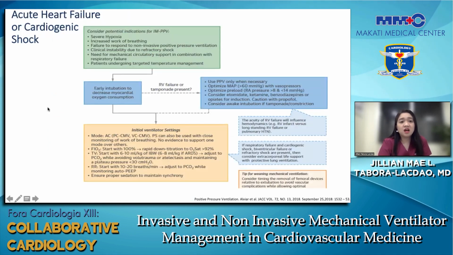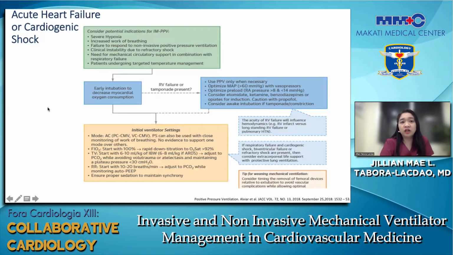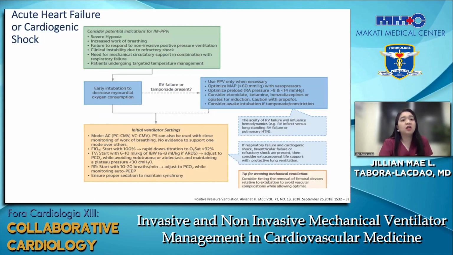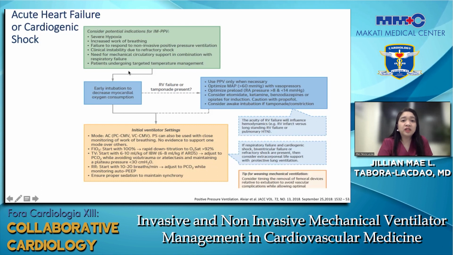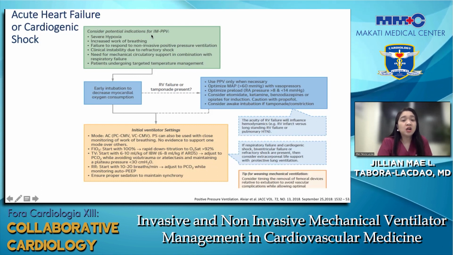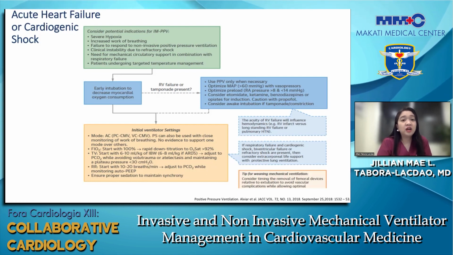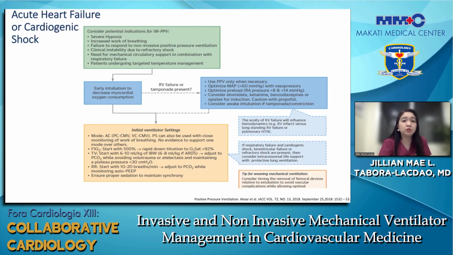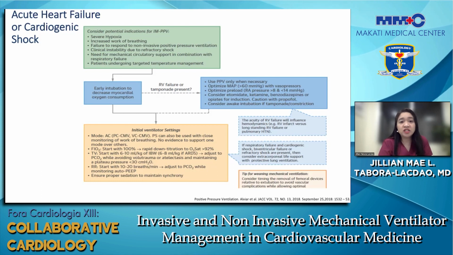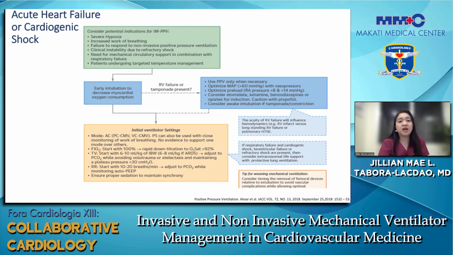This is a suggested algorithm for acute heart failure or cardiogenic shock. So you can consider potential indications for invasive mechanical ventilator if the patient has severe hypoxia, increased work of breathing, failure to respond to non-invasive positive pressure ventilation, clinical instability due to refractory shock, need for mechanical circulatory support in combination with respiratory failure, and patients undergoing targeted temperature management.